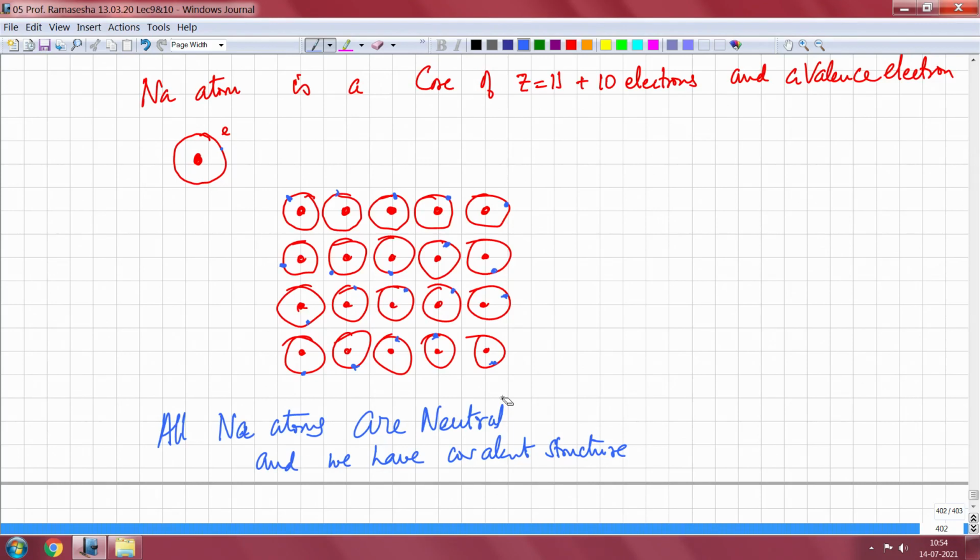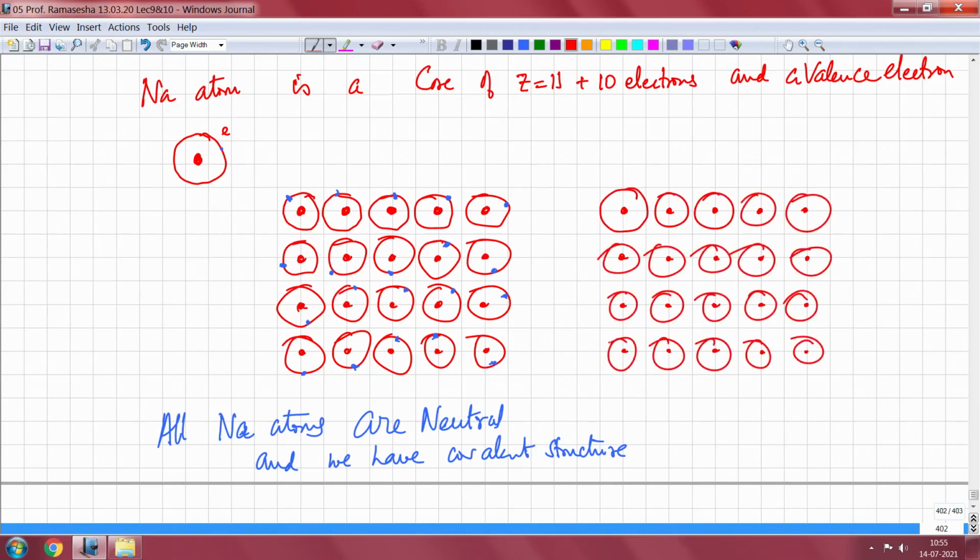So for electrical conduction in the ground state, that is at T equal to 0, what you really require are configurations which are ionic. So let me draw one configuration which is ionic. Let me write down the orbitals, and now some of them will have 2 electrons and some of them will have 1 electron. So let us assume that this has 1 electron, this has 2 electrons, the next one has none, this has 1 electron, this has 1 electron.